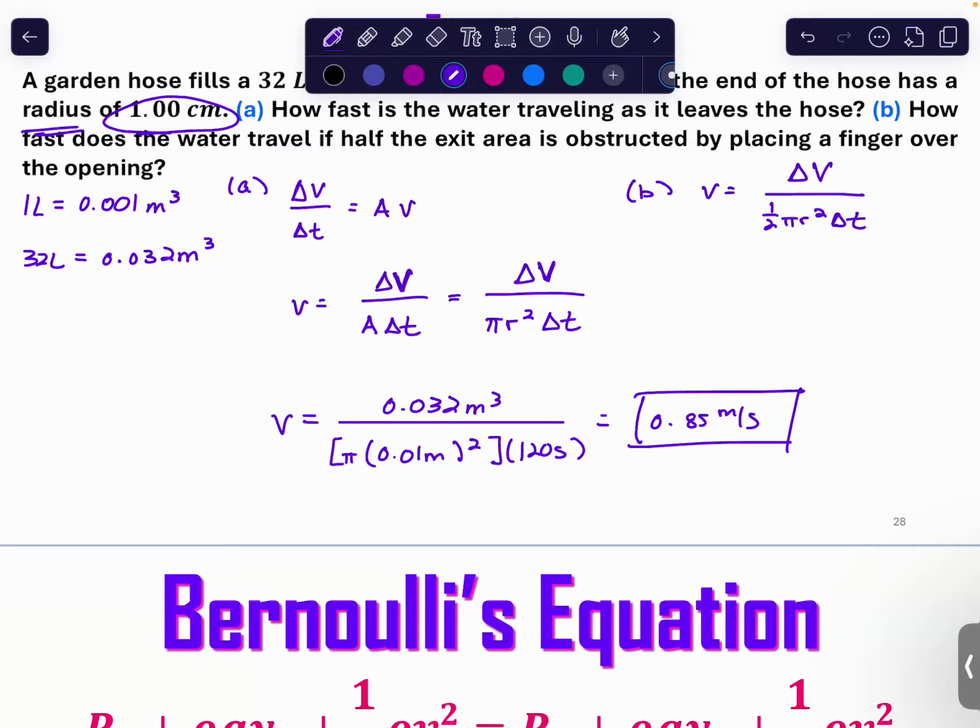So essentially, it's going to be your 0.85 times 2. You see that? The 1/2, if we just flip it, gives 2 delta V over pi r squared delta t. You take your 0.85 times 2, and then you have part B.